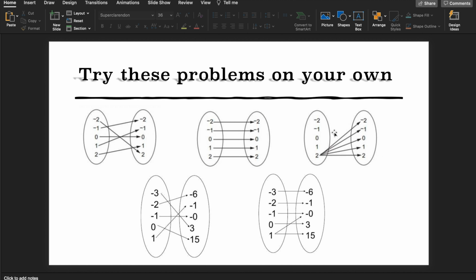So obviously this is not. Even this is true for this one because 1 is being mapped to minus 0 and 15. So this would not be a function. And this one would be a function because one value of x correlates to one value of y.